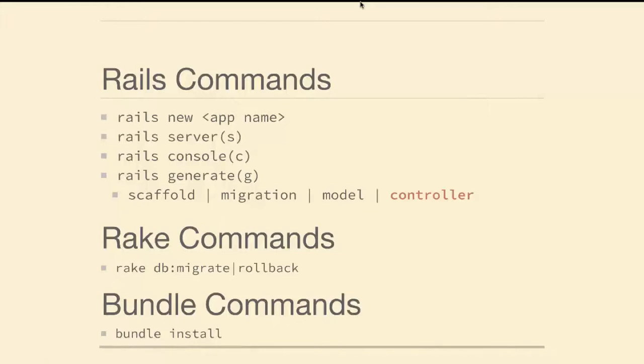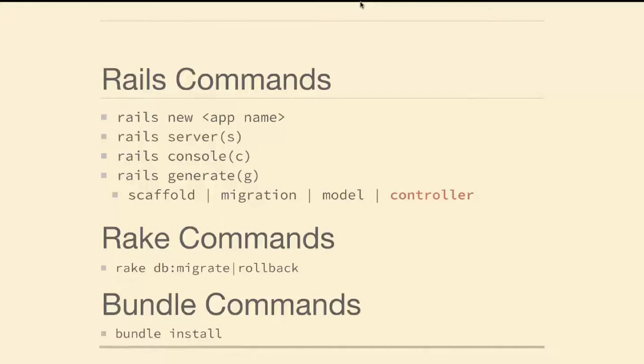The Rails console is actually IRB running with the Rails environment, so you can use it as a Ruby shell. In this episode, I have demonstrated how to generate a controller.